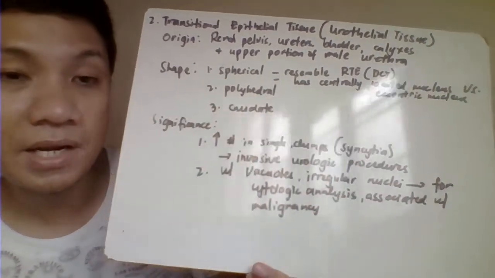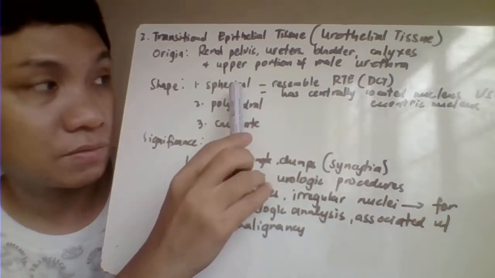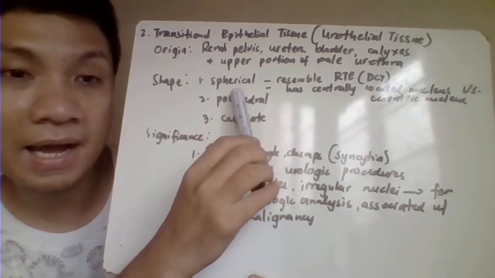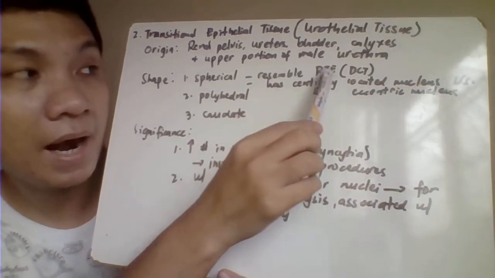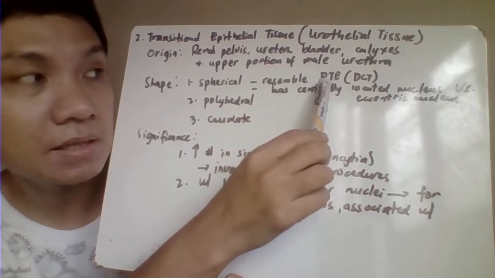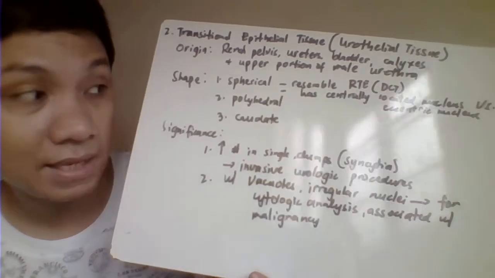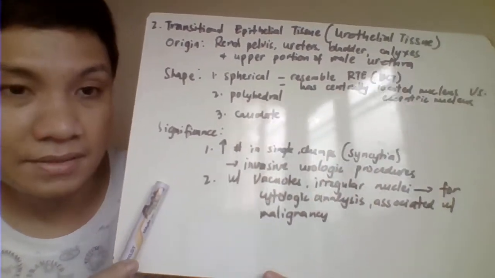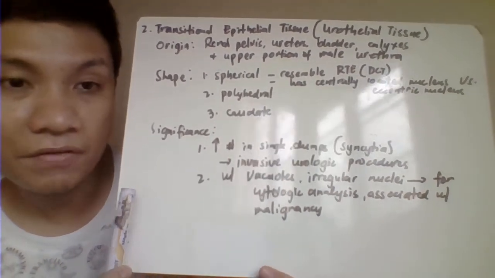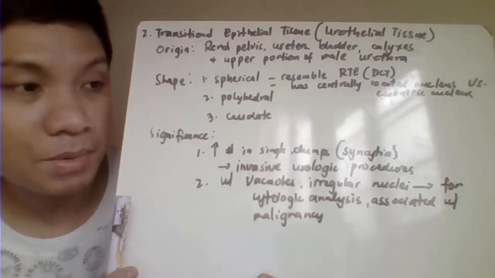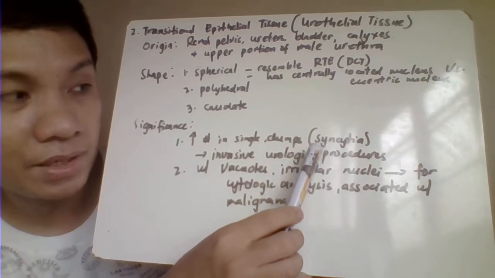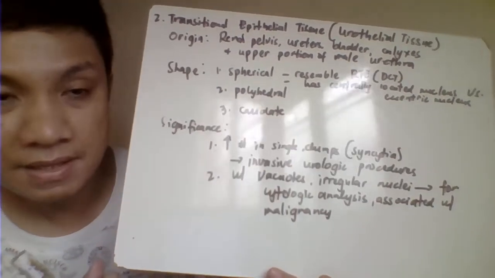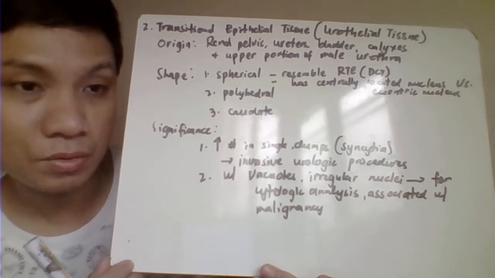So differentiation here is with the location of their nucleus. If this one's transitional, ang kanyang nucleus usually is centrally located. Pero pag RTE, renal tubular epithelial tissue, ang kanyang nucleus is eccentric. Okay, so increased concentration of your transitional epithelial tissues found in single clumps, or you call this one your syncytia, signifies urologic procedures.